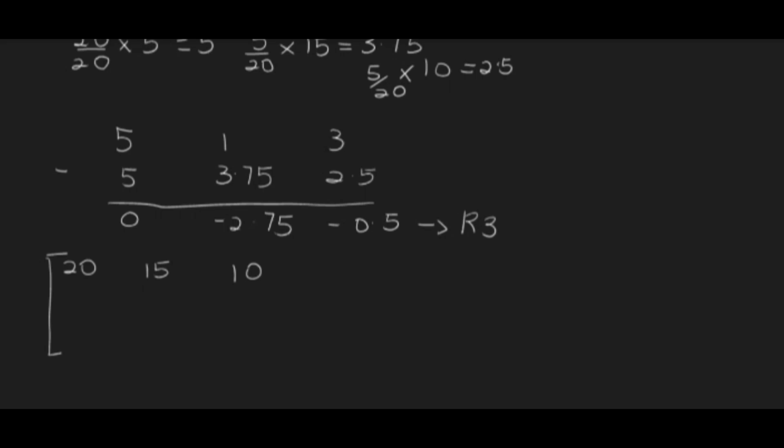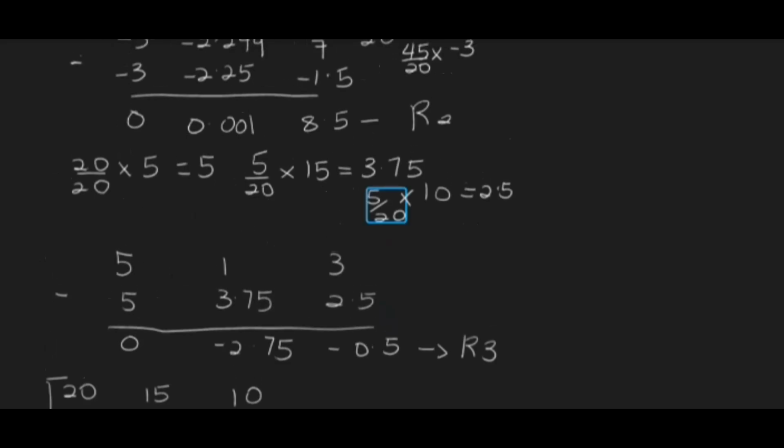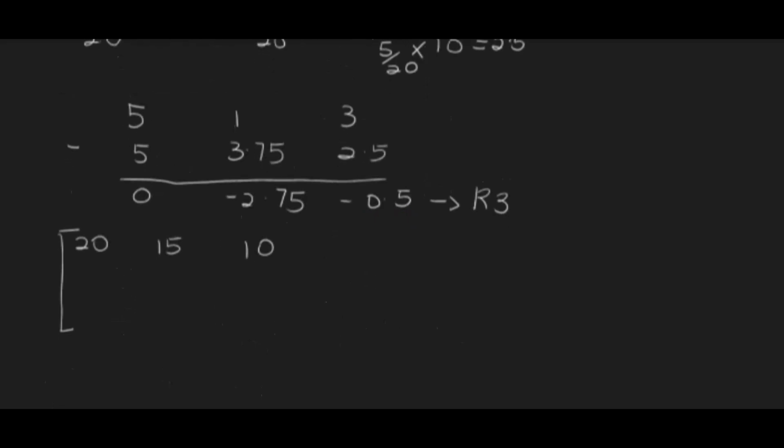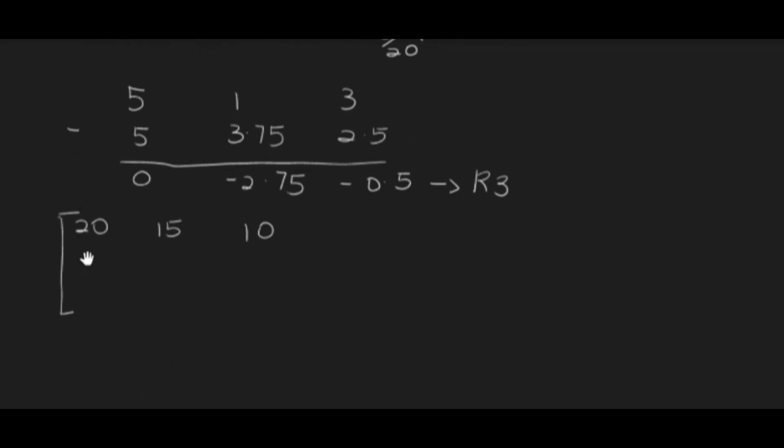Then the next thing you're going to do is you write our new row 2 entries. The new row 2 entries, as I showed you, I have my 0.001, then 8.5.